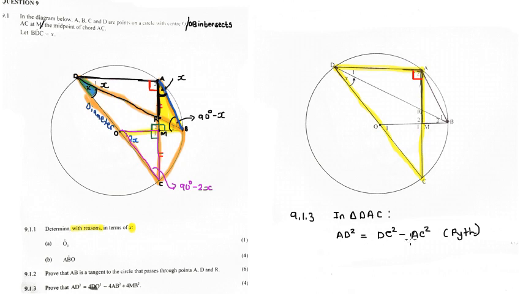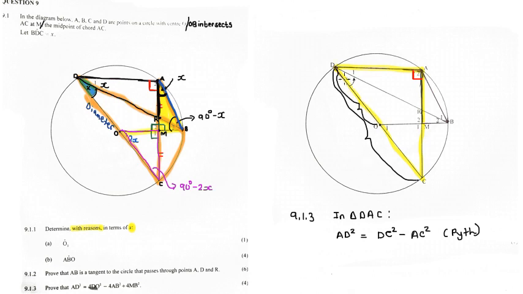Okay, all right, so now compare. DC, is there DC anywhere here? No, but we have this DO, and if you look at DC, DC actually contains DO.